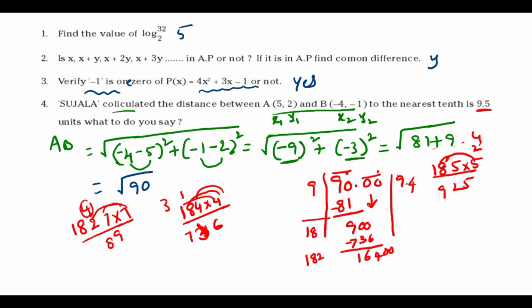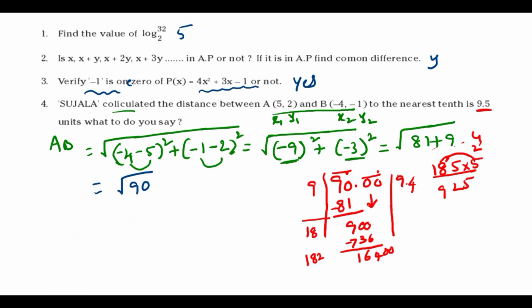Okay, so 7 8s are 56 plus 1 is 57, 7 1s are 7 plus 5 is 12. But here we have 16,400, right? That means the next number we will check is 8. With 8 we should check here.